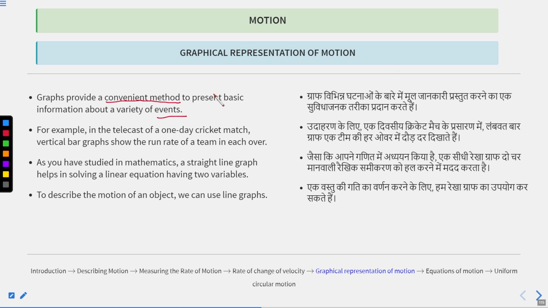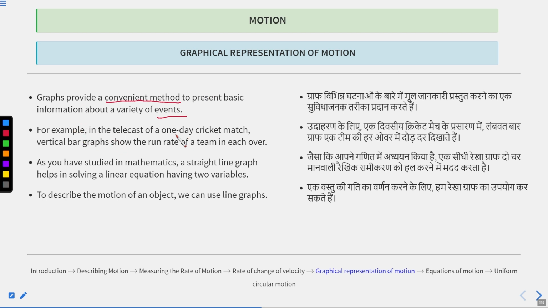If the slope is going upward, it means the team is doing very well. If the slope is going downward, it means it is making fewer runs. So a graph gives us a lot of information about many events in one place.